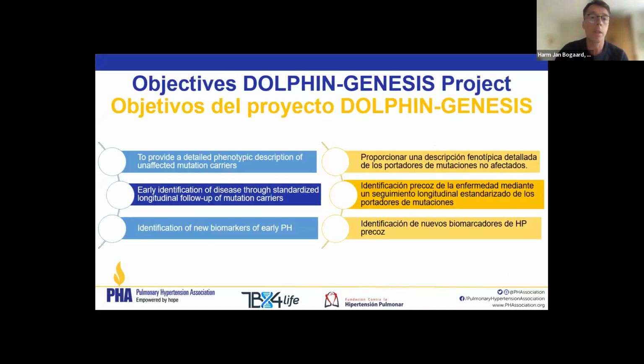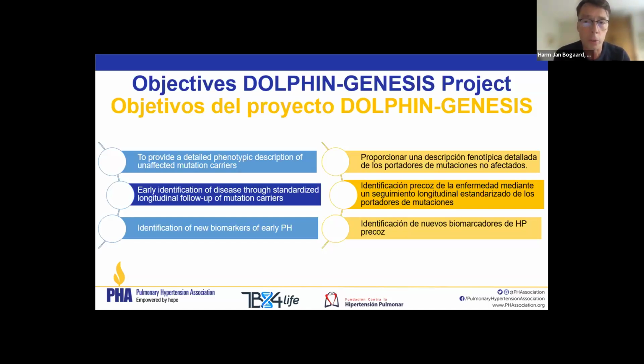Next slide, please. So around the world, there are different efforts to know more about early testing and about early screening of carriers of mutant genes. There are very important initiatives at Vanderbilt University in the United States, in Paris, and we also have a program, for example, in Amsterdam.